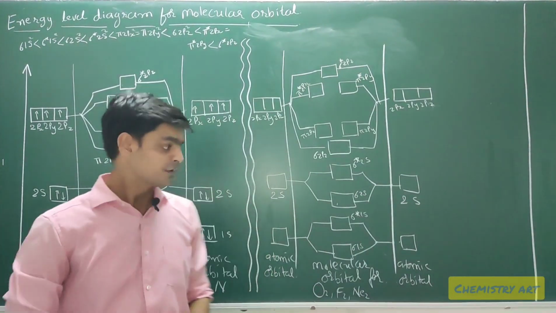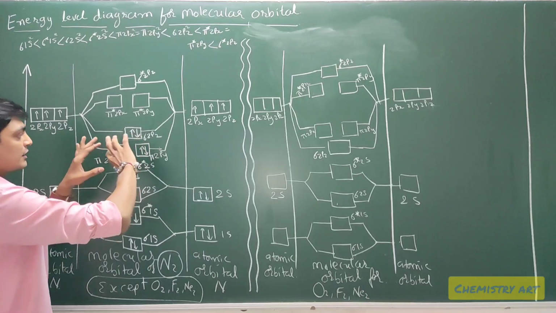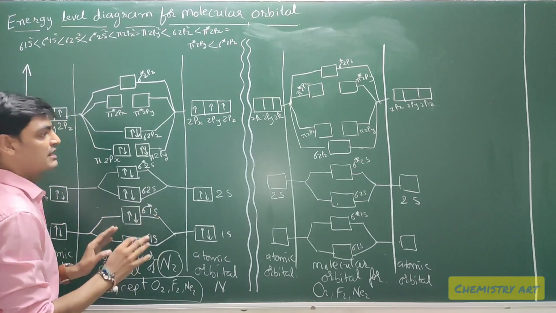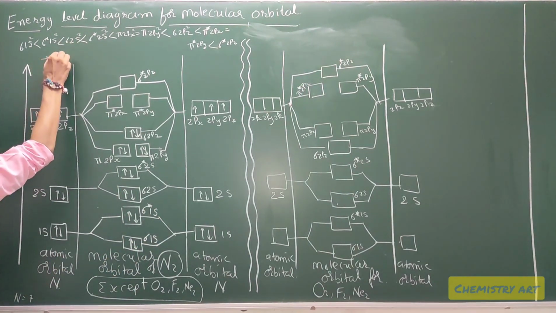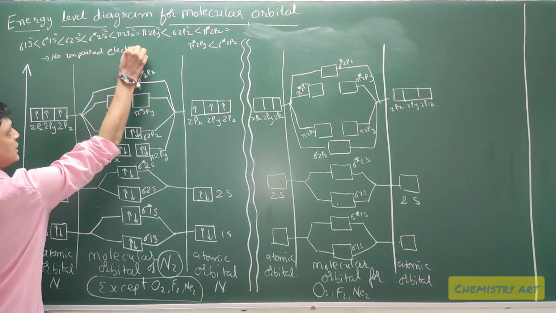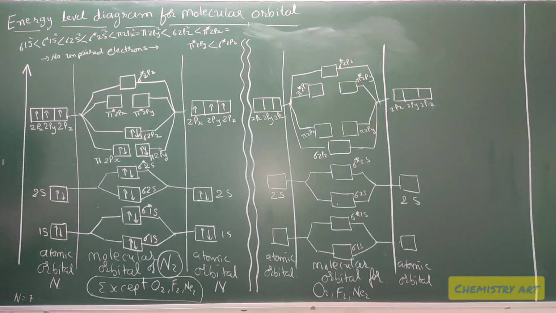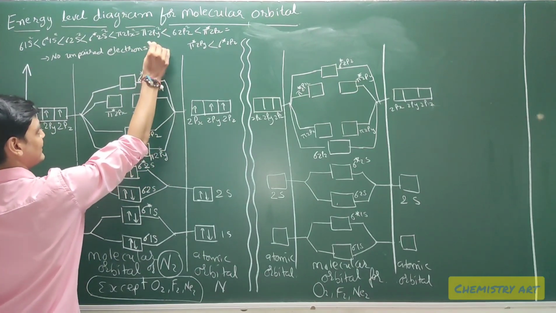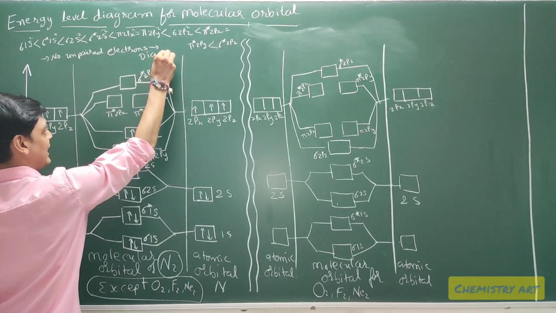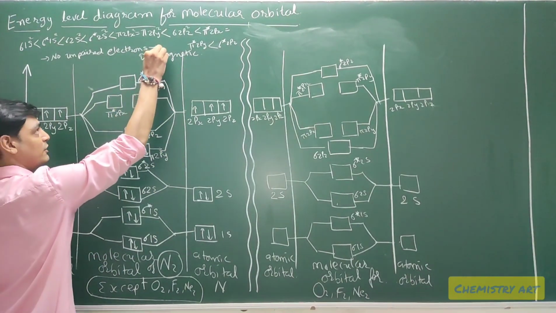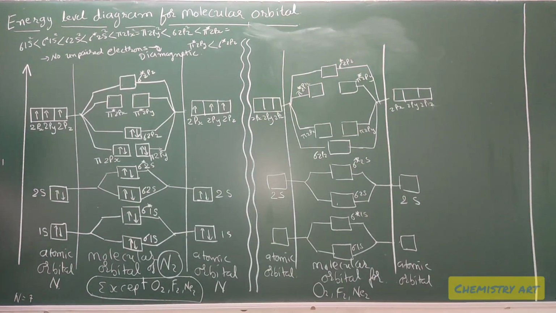But here you can see that all the molecular orbitals are filled with 2 electrons, meaning no unpaired electrons. So the nitrogen molecule is diamagnetic in nature.